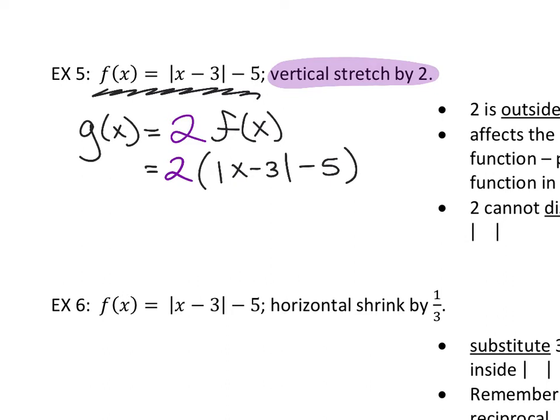This time, do we have something to simplify? Yes. That 2 is in front of a set of parentheses. What do we do with it? Multiply. We distribute it. Very good. So we're going to distribute it twice. Remember, it cannot go inside this absolute value bars. It's just going to go right in front of it. So we're going to do this. Multiply, multiply.